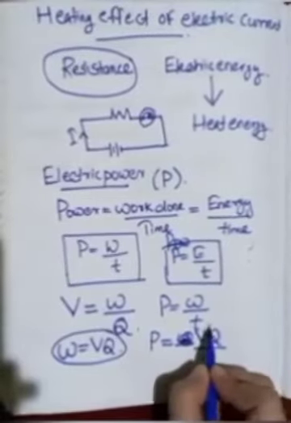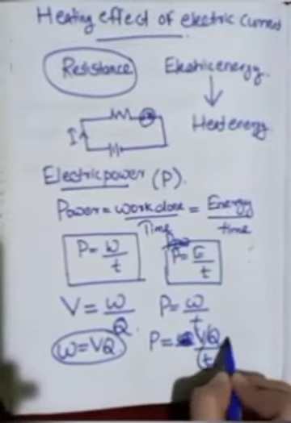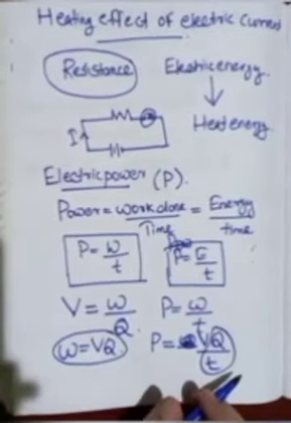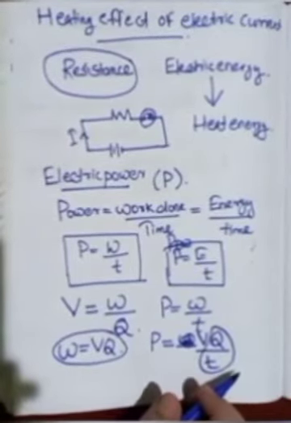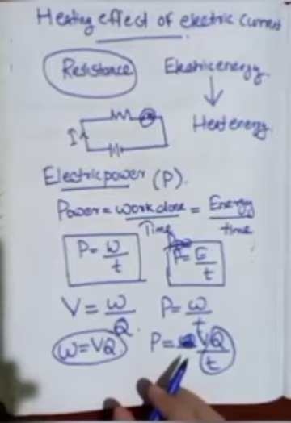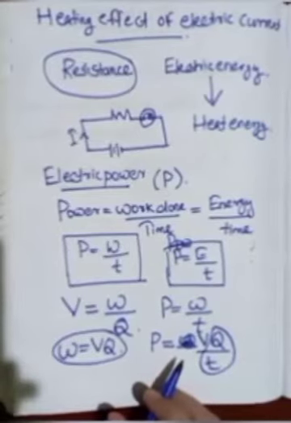What is Q by T? The rate of change of charge is called electric current. Charge by time is equal to current. We studied in the first class that charge by time is the electric current.